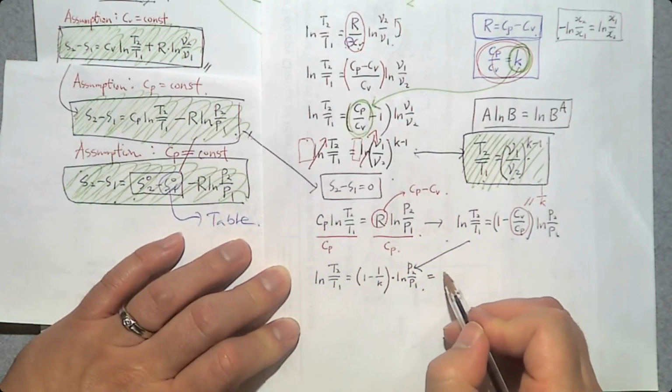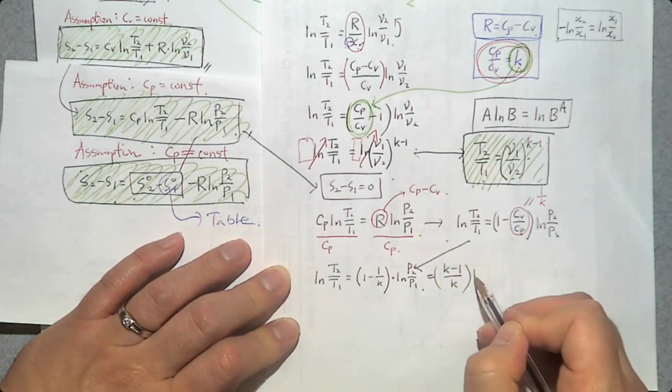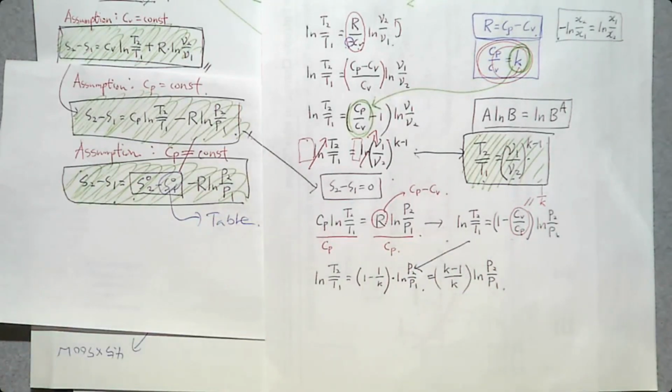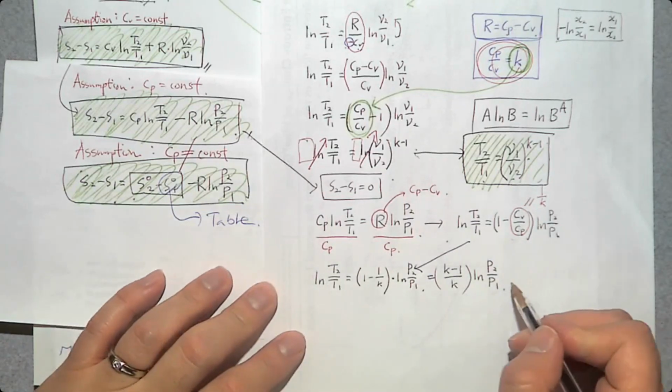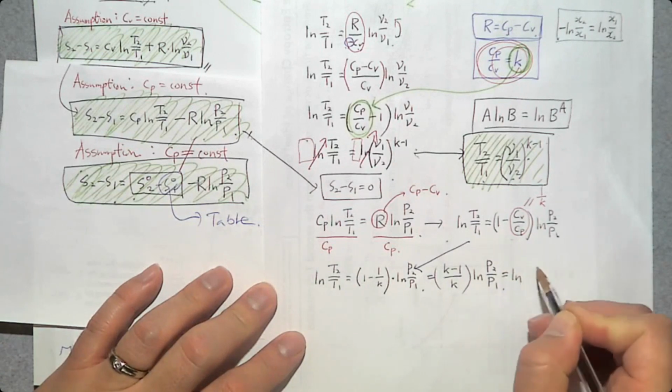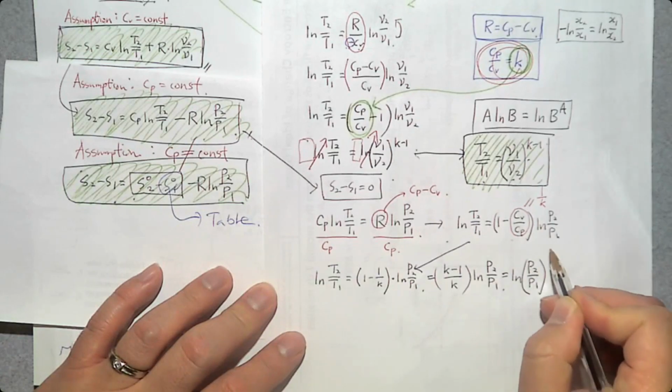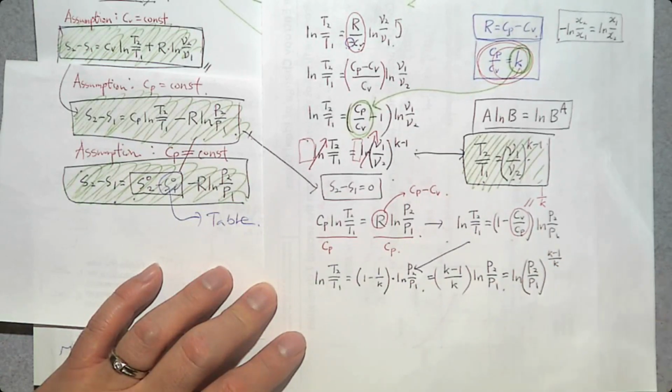Or some people like to say kappa minus 1 over kappa times natural log P2 over P1. They are the same thing. Now, this one can go on top of this pressure because of this relation. This becomes natural log P2 over P1 to the power kappa minus 1 over kappa.